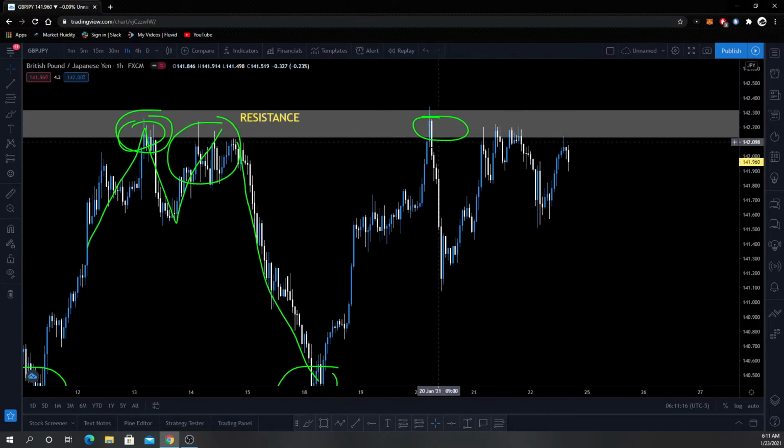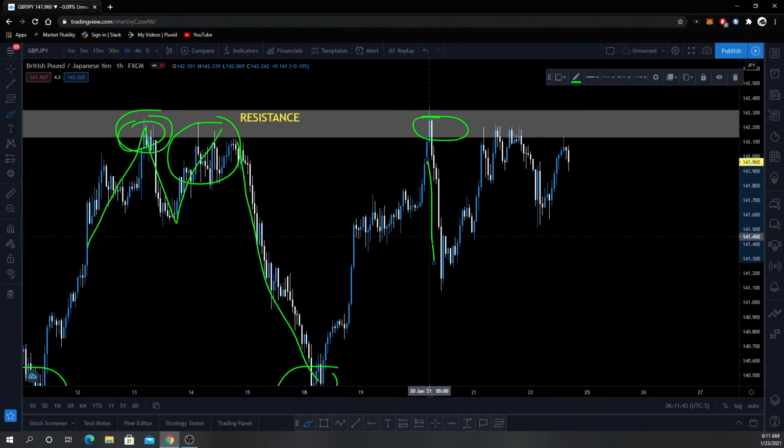When it came back, we already hit the resistance level one time, two times, and now we're at the third time here. Even if price hits the resistance or support level twice, you would know that it's a strong level in the market, and it will potentially bounce off and go to the opposite direction, which it did here.